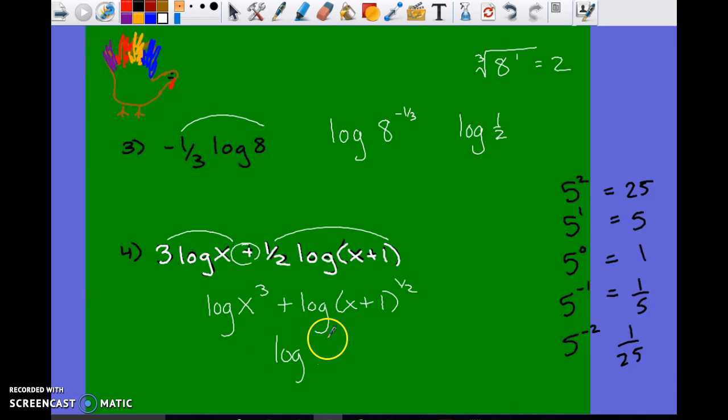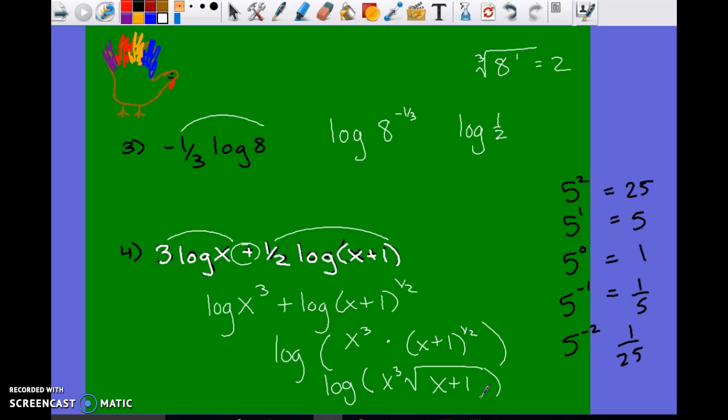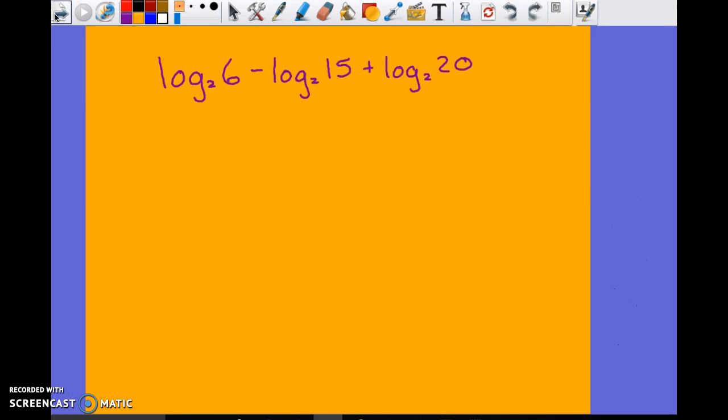So I'm going to change this to be x cubed times x plus 1 to the 1/2. If you would rather write that as a square root, you are certainly most welcome to do that. And that's it. Yeah, so easy. Duh.